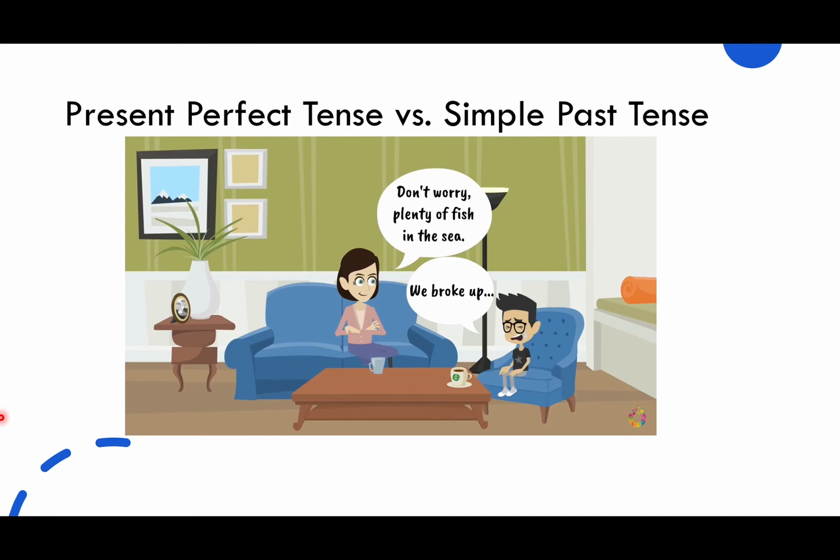The mother asked her son how his date was because she already knew that he was going on a date. Also, we can use just for emphasis that an event recently happened. So in this example, the boy could have said, "We just broke up."